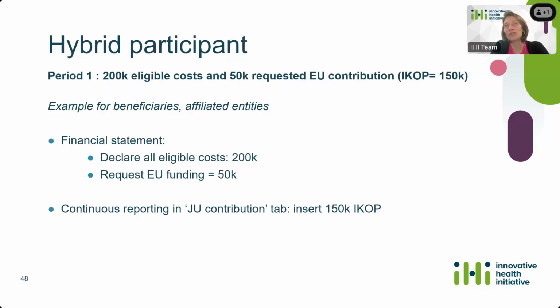In the financial statement of that entity, it will be necessary to declare, again, all the eligible costs, which will be 200K, but it will be also necessary to specify that 50K are requested EU contribution. And so this means that IKOP is actually equal to 150K. So this amount of IKOP needs to be specified in the continuous reporting in the GEO contribution tab.